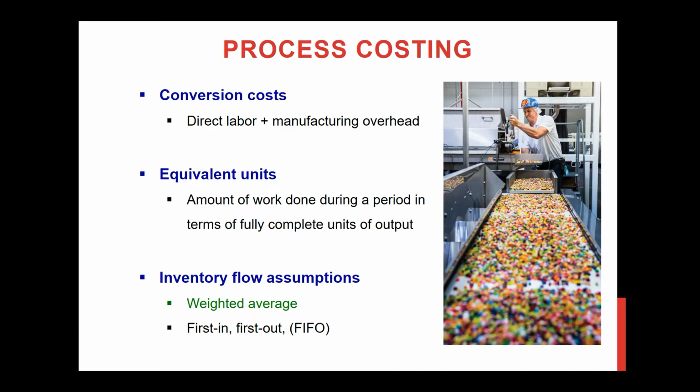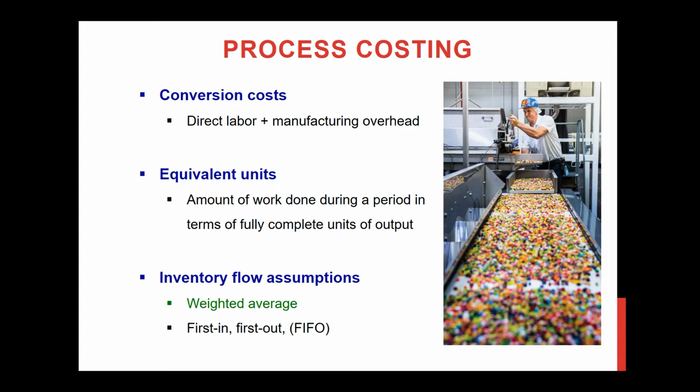Now we will see one example from our textbook. So if you remember the three types of costs properly, which are direct material cost, direct labor cost, and manufacturing cost, you could also classify those costs into two ways. Direct material and direct labor, these two costs together are called prime cost.